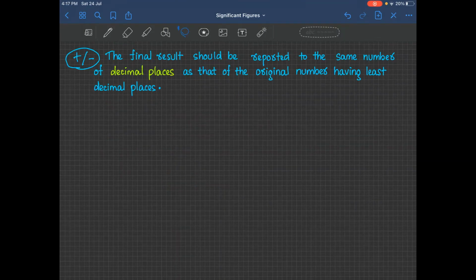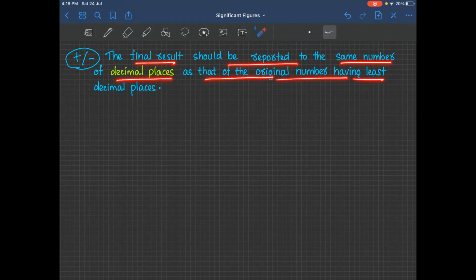Well, now let's go a little bit deep into the rules of significant digits. Now if we are needed to add or subtract two numbers, then according to the rules of significant figures, the final result should be reported to the same number of decimal places as that of the original number having least number of decimal places.